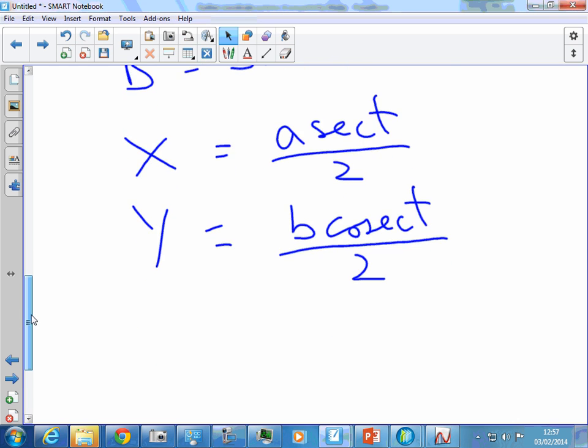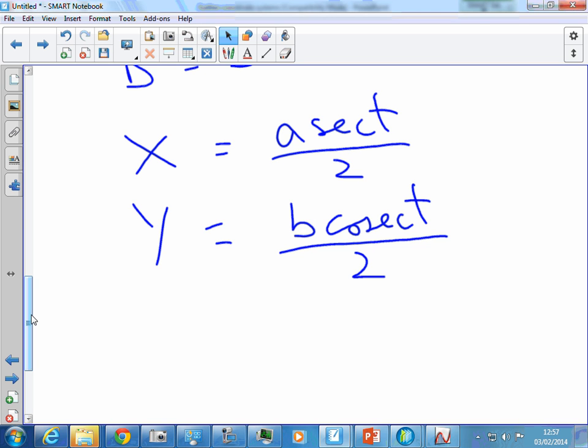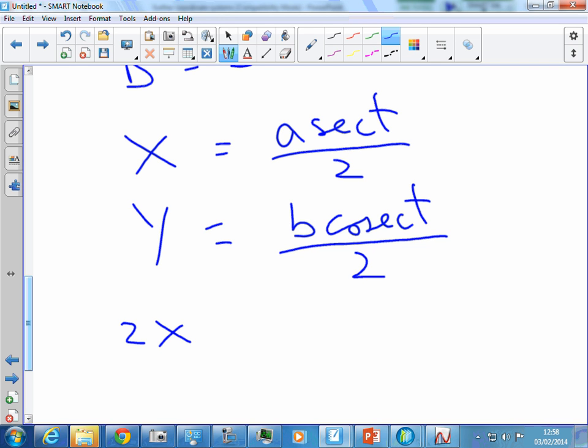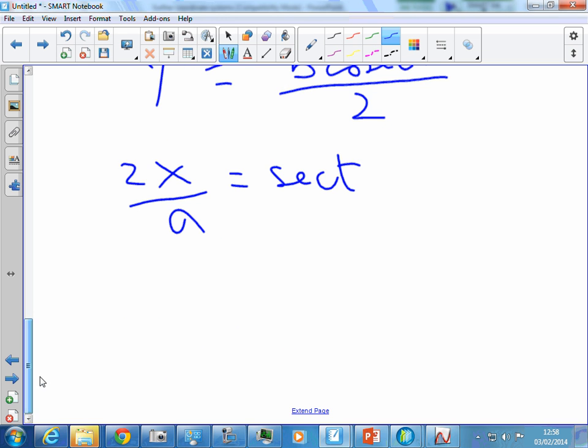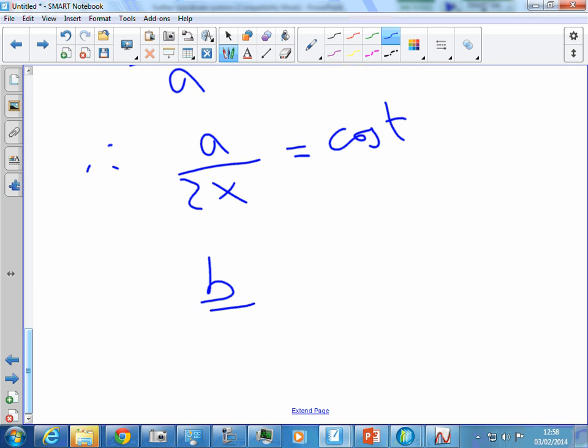If we wanted the Cartesian equation, we can say that 2x over a is equal to sec t, and therefore a over 2x is equal to cos t. Similarly, b over 2y is equal to sine t.